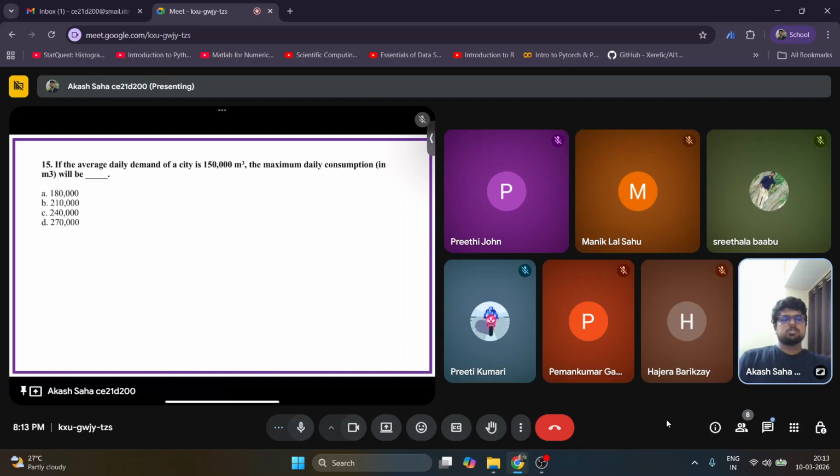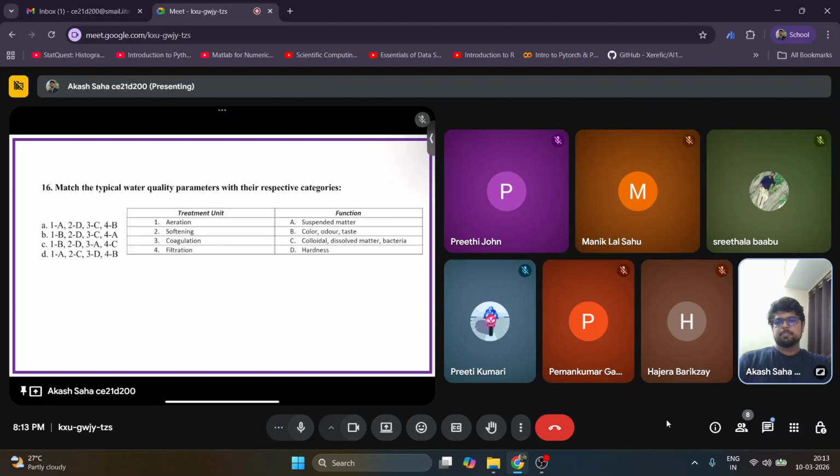Yes, 270,000 is right, because the daily variation factor is 1.8. So 150,000 into 1.8 will be 270,000 meter cube.